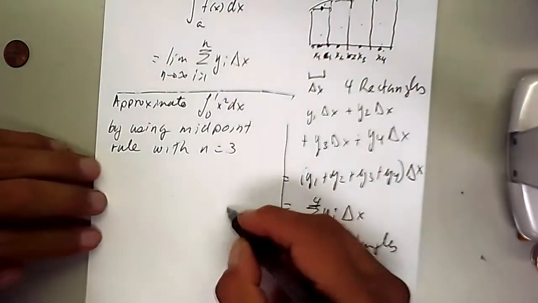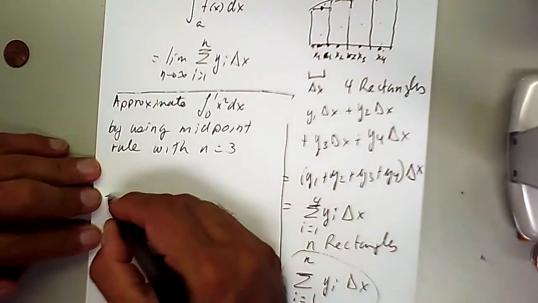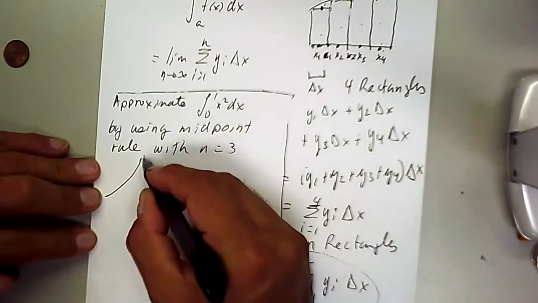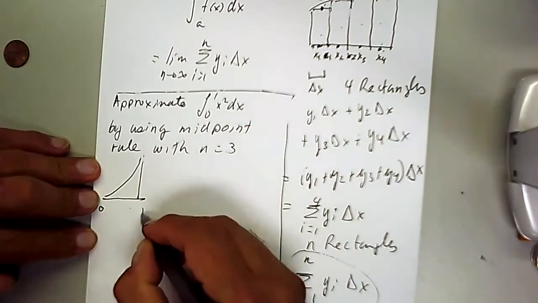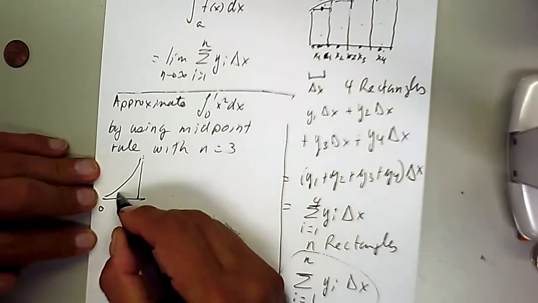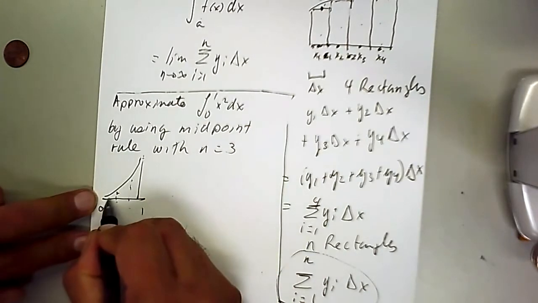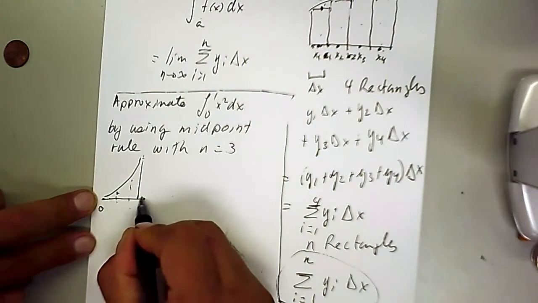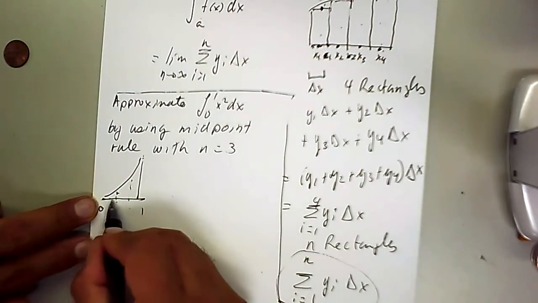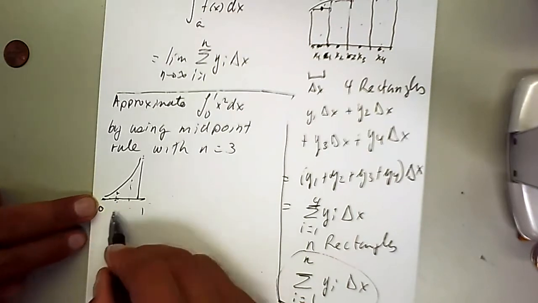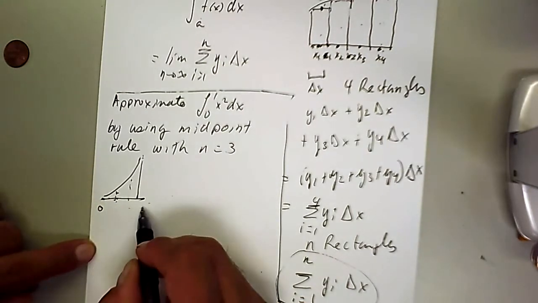So we're going to take 3 subintervals of this function. This is just a regular x squared, so it's a regular parabola from 0 to 1. And we're going to split this into 3 pieces. Since we are split into 3 pieces, each one of the subsegments will have a length of 1/3, because the total length from 0 to 1 is 1.